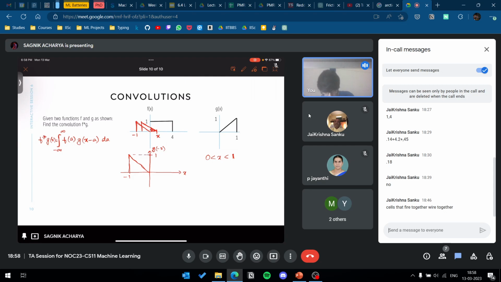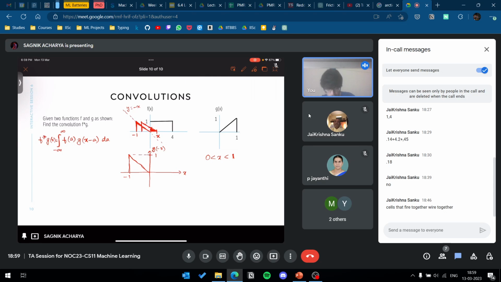So what is the area of this triangle now? We have to find the equation for this line. If I extend this line, this is the line y equal to minus x.